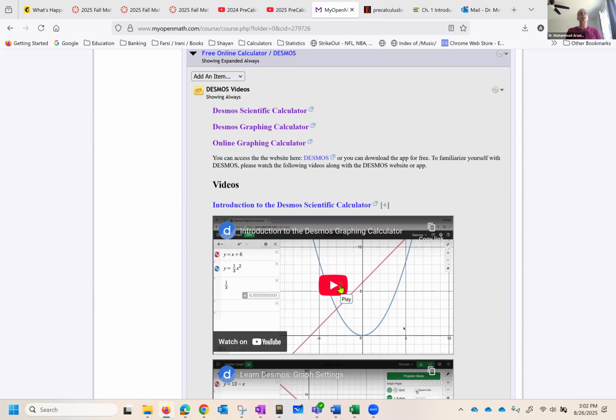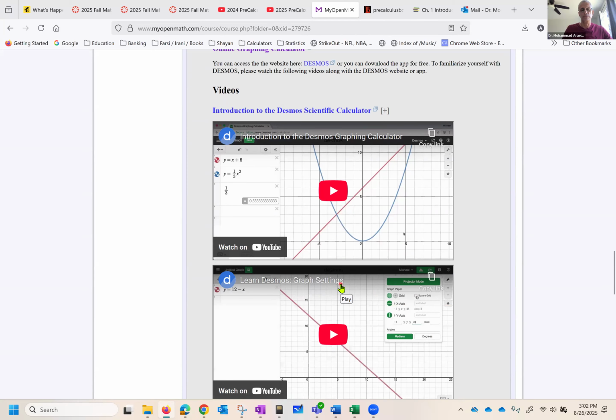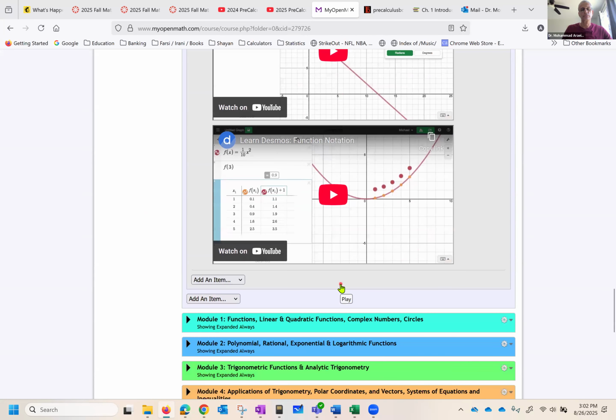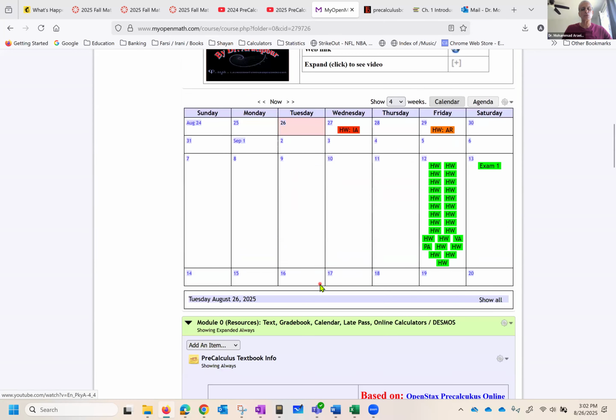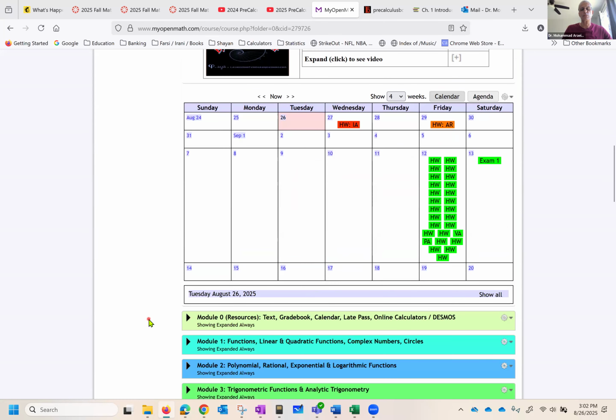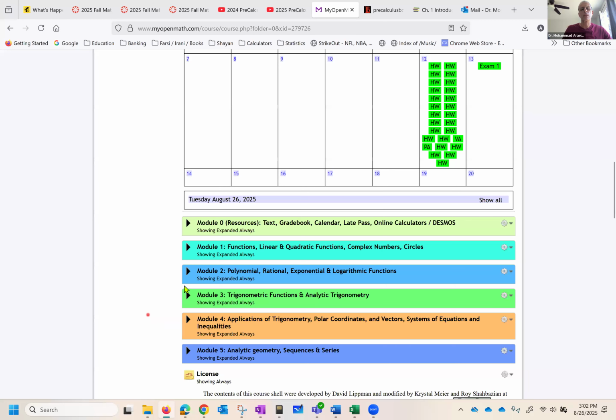Now, you cannot use a graphing calculator for the exam. You can use a scientific calculator. Some of the exams, towards the end, you may be able to use a graphing calculator. And that's the end of module 0. So module 0 is a bunch of resources.